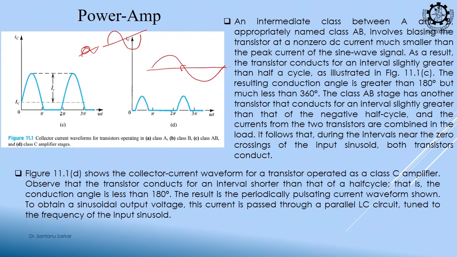Now, in class B what we find is that at the zero crossing both the transistors are off. So, there is nothing to deliver the current. So, the output current at that fraction goes to 0. Now you see if you compare these two sine waves, they have distortion.